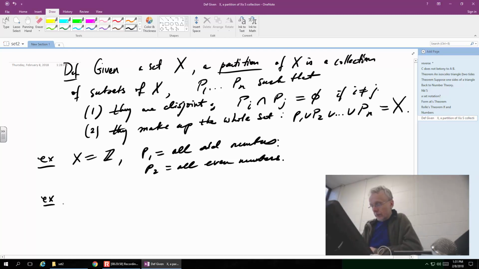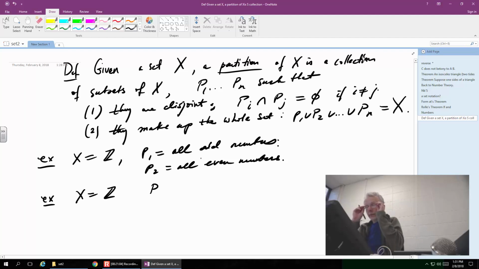However, once we start moving up, X is equal to Z, I could go with, say, P. And instead of looking at odd and even numbers, divisibility by 2, we'll look at divisibility by 3. Then we have P1, P2, P3.